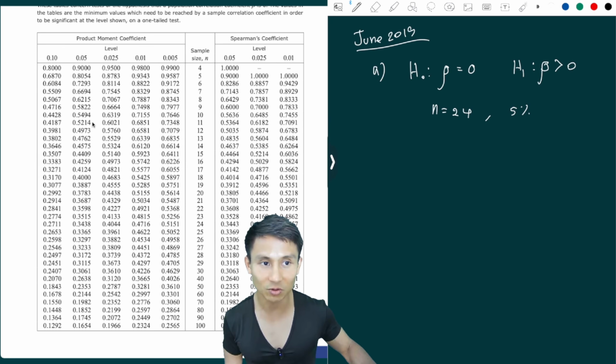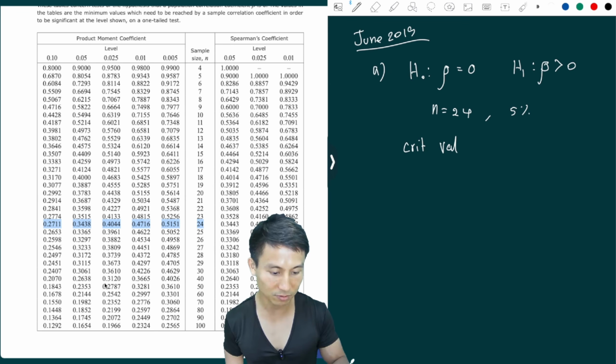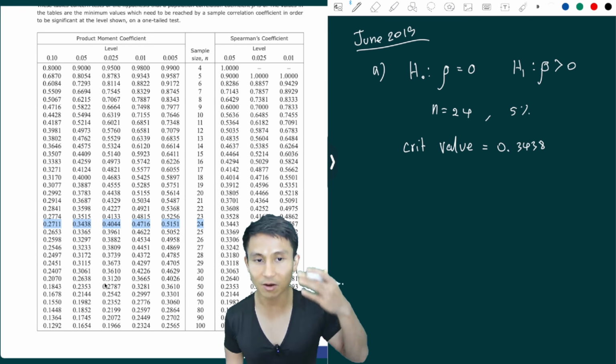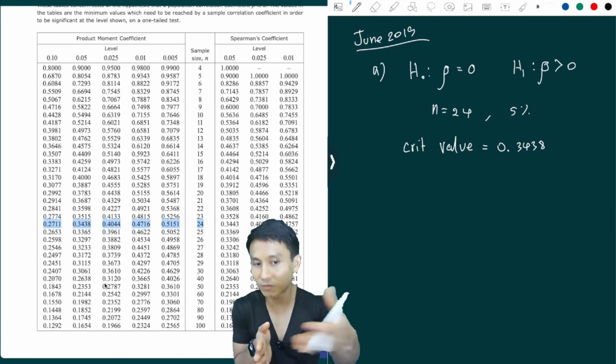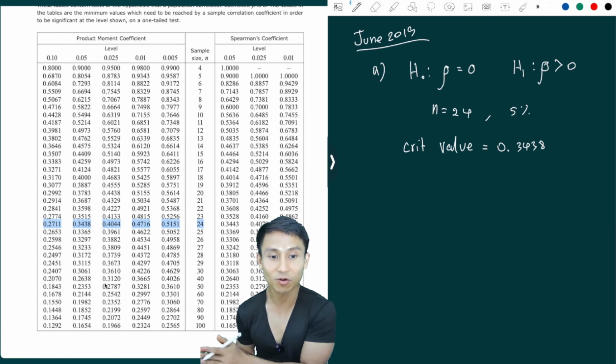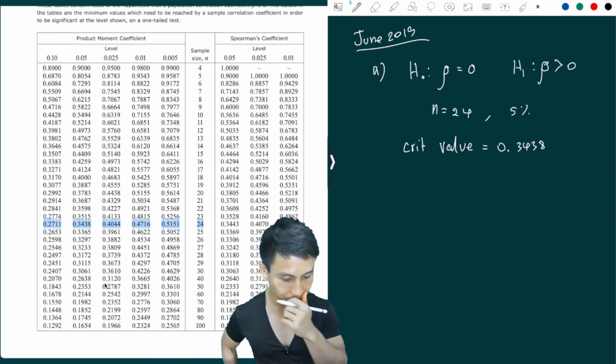And we look down here, the sample size is 24. So 24 is here. We want 0.05. So the critical value is 0.3438. Now, if you were testing negative correlation, you would have put negative 0.3438 instead, the critical value.